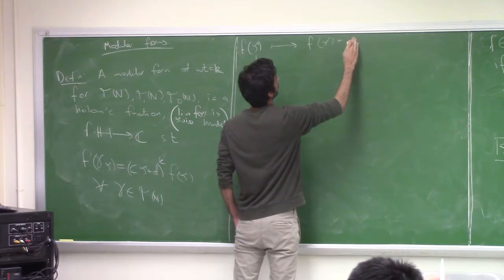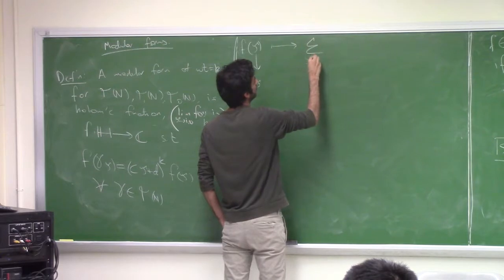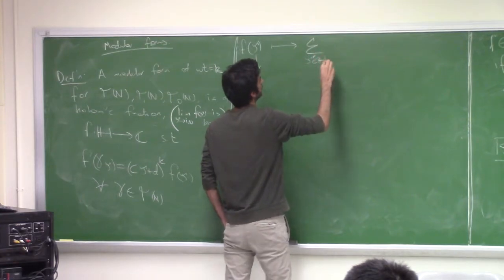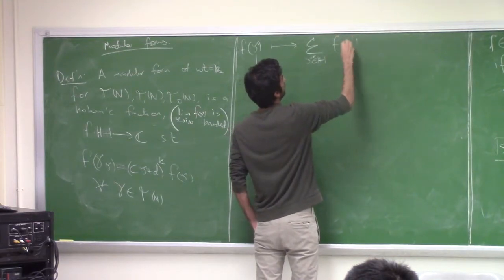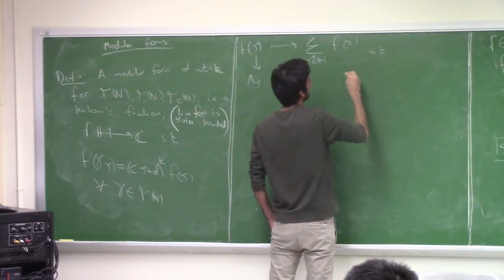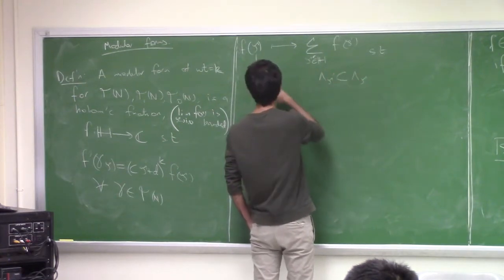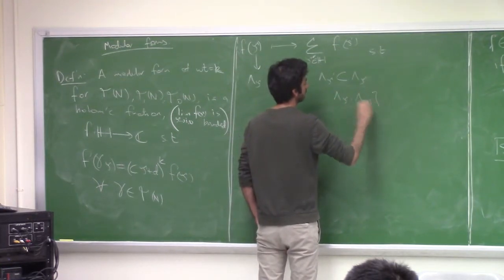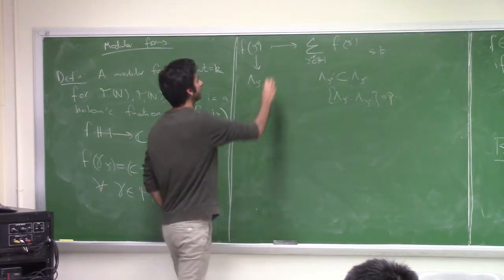Let me write it like this: it's the sum over all tau prime in H, or in the fundamental domain of your group, of f of tau prime, such that the lattice associated with tau prime is contained in the original one, and the index of this thing is precisely equal to p, if we're looking at the p-th Hecke operator.